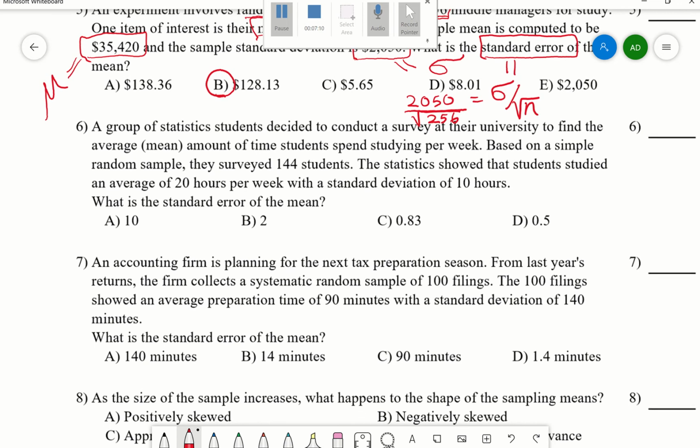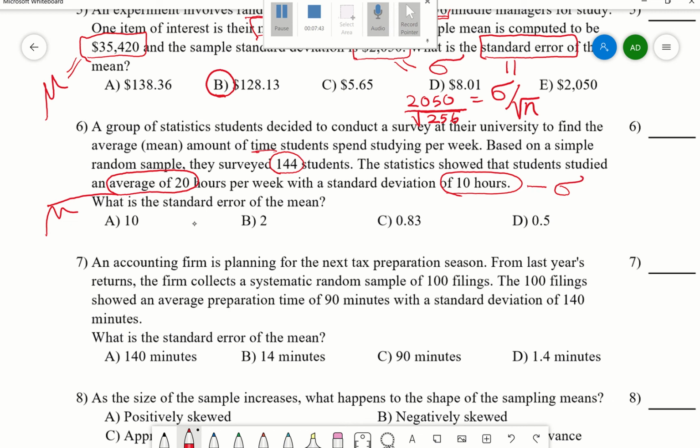Same goes here. A group of statistics students decided to conduct a survey at their university to find the average amount of time students spend studying per week. Based on a simple random sample, they surveyed 144, that's your sample size. Statistics showed that the students studied an average of 20, that's your mu, with a standard deviation of 10, that's your sigma.